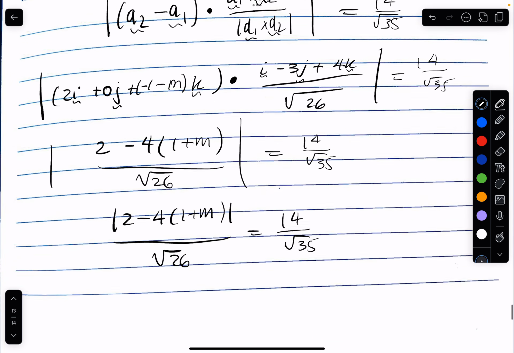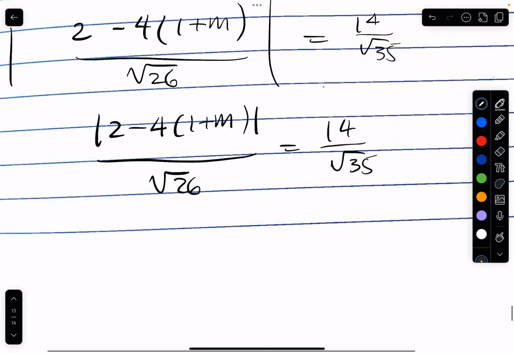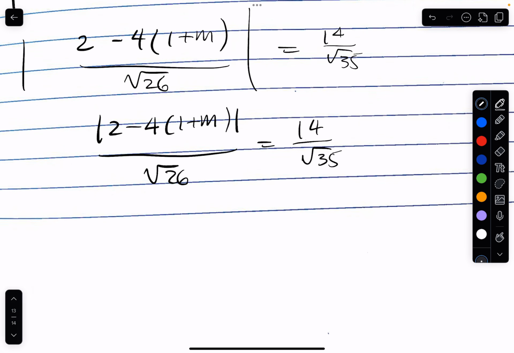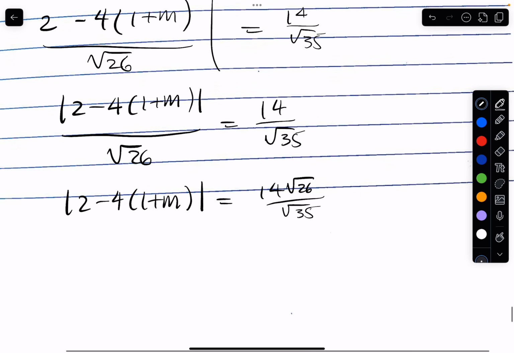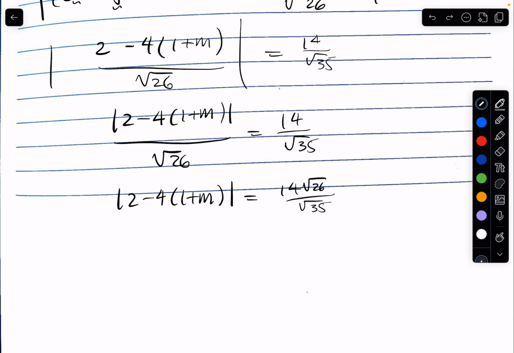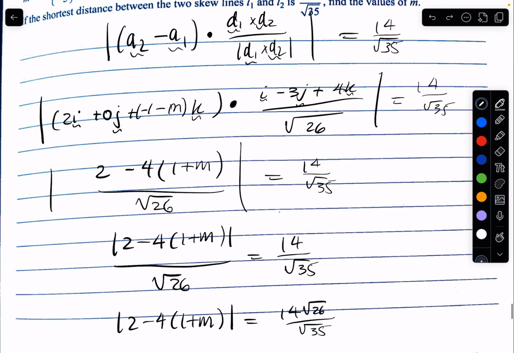Okay, so if we square both sides, actually, if I multiply that over, I don't even think these simplify. Okay, whatever. Does it say anything? Find the values of m. I feel like I've made a mistake, I feel like it should be a bit nicer.